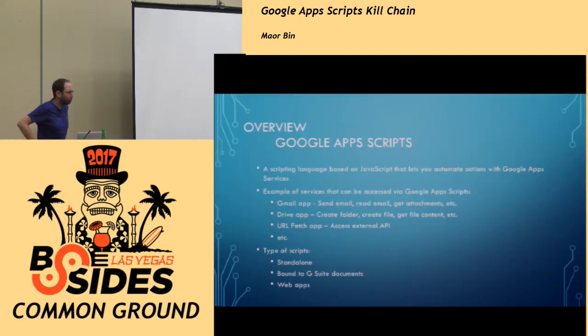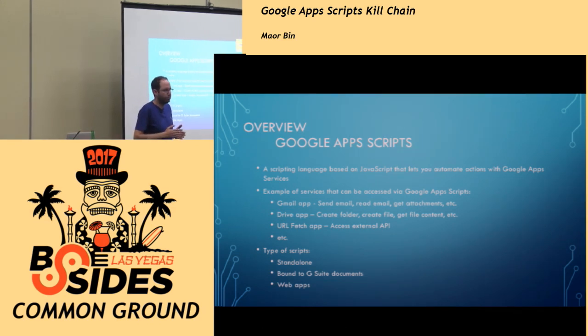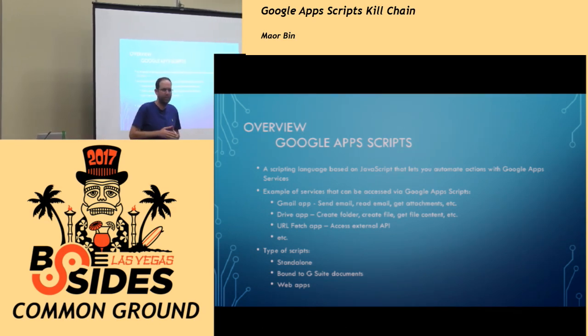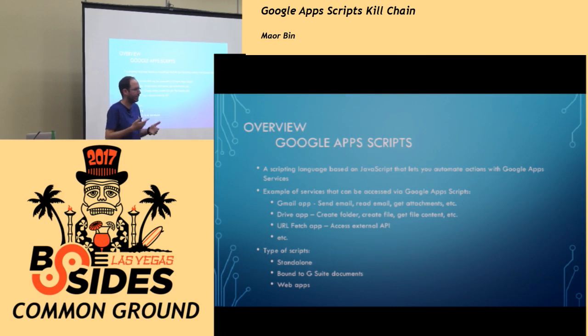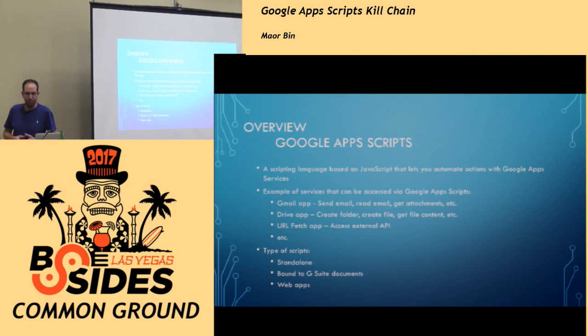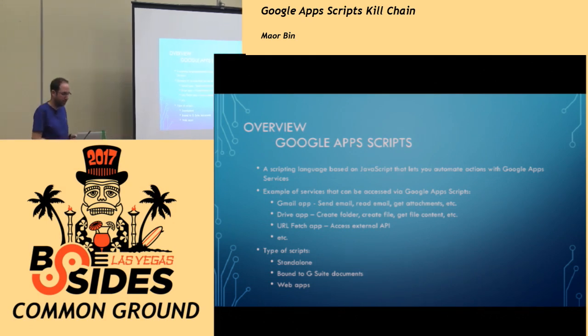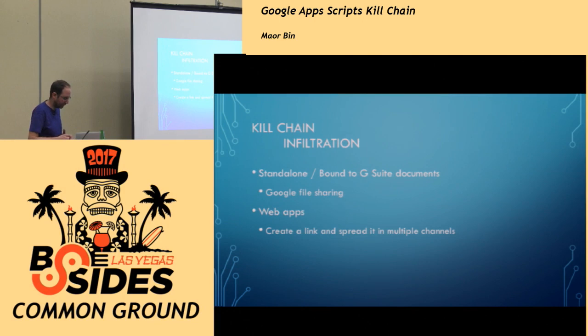I'm sure you all understand now that this is a very, very powerful tool, for IT admins that maintain Google accounts, and for attackers, right? You can now think about some usage or how to abuse this kind of thing.